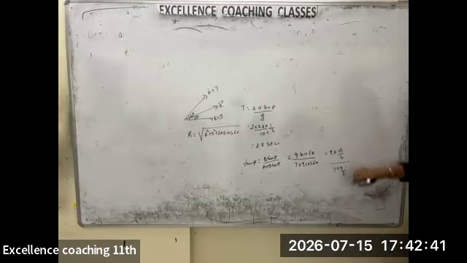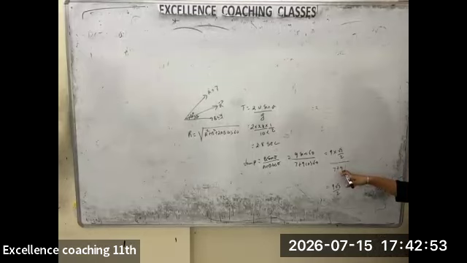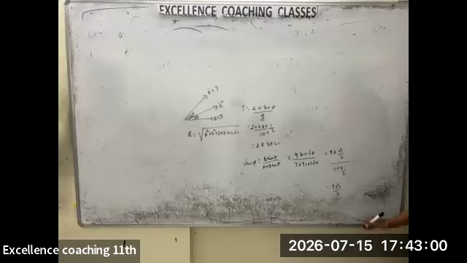So multiply, then invert and it will go up. So 9 root 3 by 2. This will be 2 7s of 14 plus 9 is how much? 23, no? 24, 23, right? Yes. So 23 upon 2.